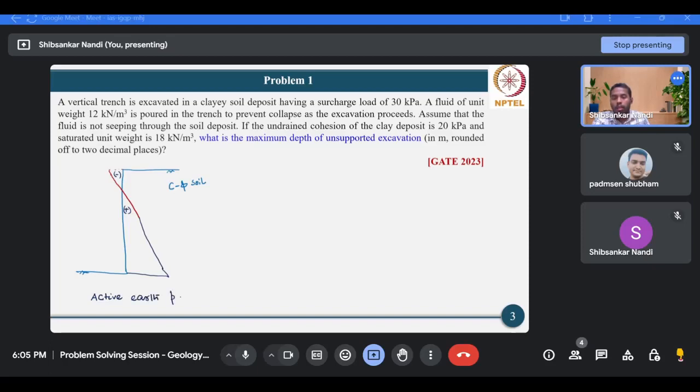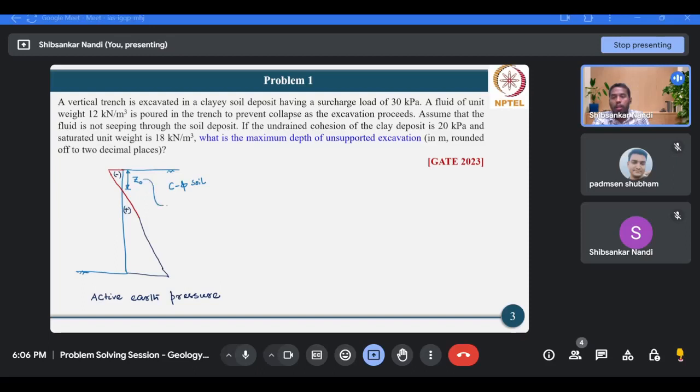this tensile pressure or negative pressure in the top region of the retained soil mass. Okay, now we also discussed why we are getting that kind of tension at the top of the soil. Okay, we will not discuss that portion in detail here. So now this depth we have termed in the last class as tension crack depth.